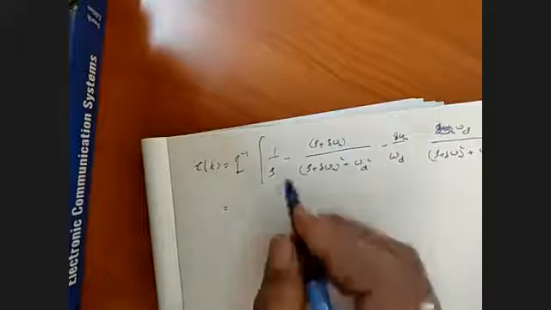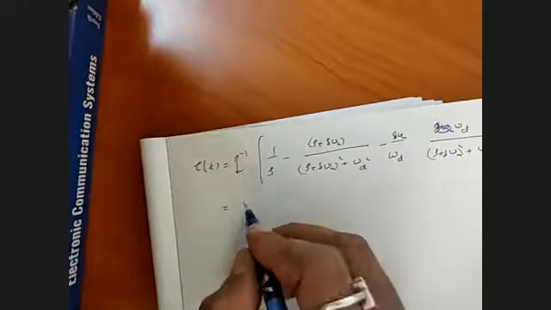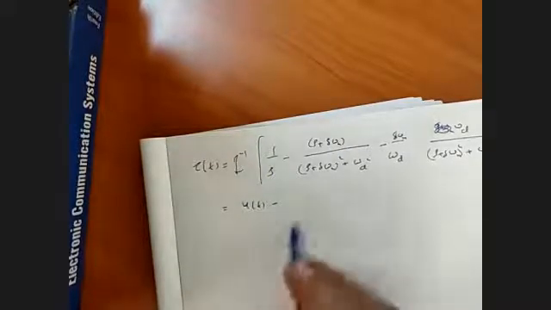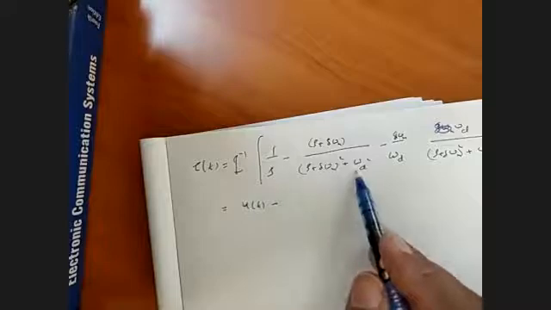So this will become 1 upon s becomes u(t), minus s upon s square plus omega d square.